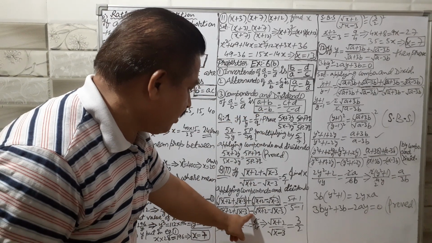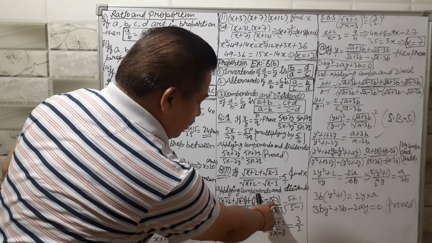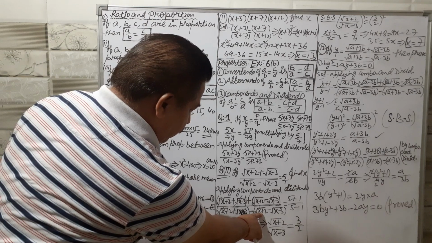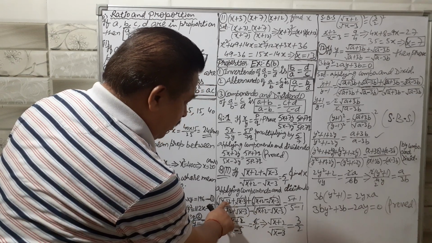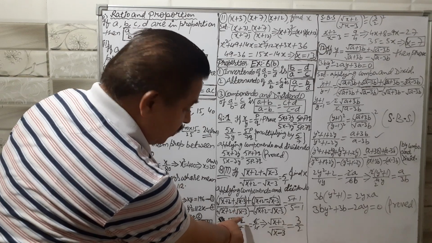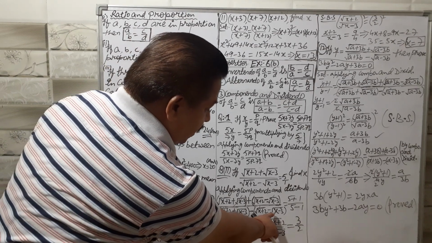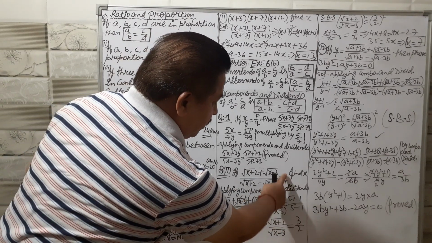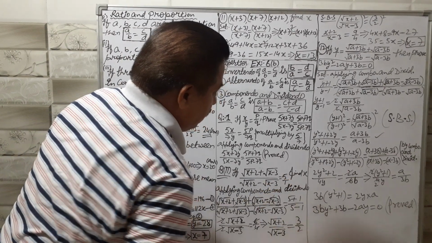This minus part is going to cancel. How many roots are left here? 2 root x plus 2 and down 2 root x minus 3. 2 cancels by 2. And this side also 5 plus 1 and 5 minus 1.